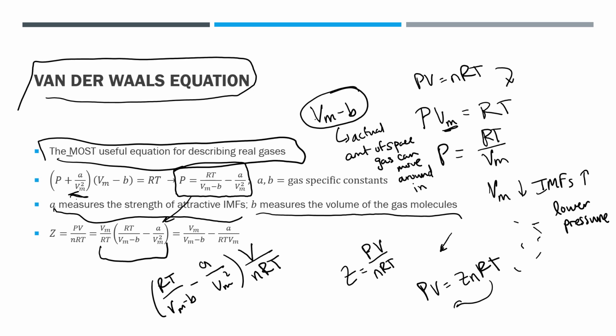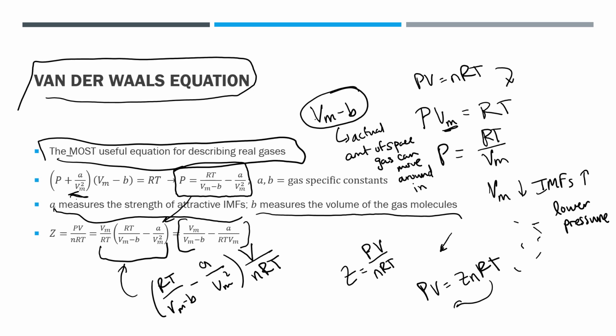That's essentially what I'm doing. And we end up with this expression. Okay. And now if we separate this expression into two, we get that Z is equal to V molar over V molar minus B, minus this A over RT V molar term.